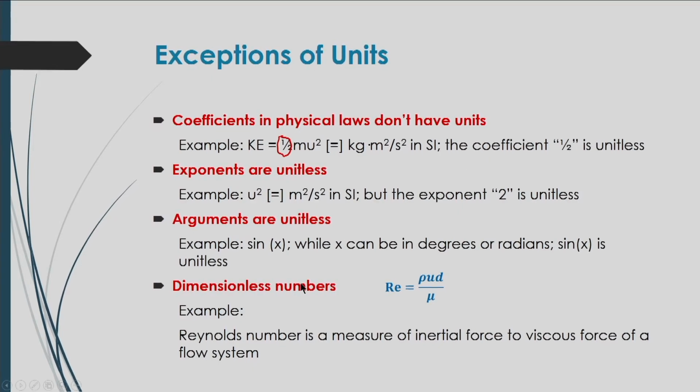Similarly, exponents are unitless, like u square or b square, or other variables to the power of some value; that power or exponent is unitless. Similarly, arguments are unitless: x is an angle that may have a unit of degrees, but sin x does not have any unit. Similarly, cos x, tan x, tan theta, cos theta do not have any unit.